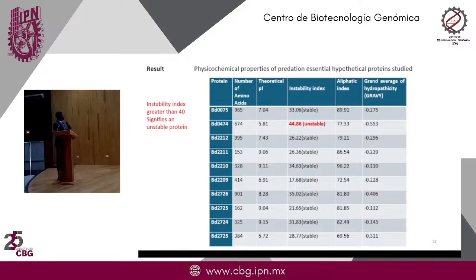So we also calculated physicochemical properties for all the proteins that we studied. The interesting thing here is that we found that 474 is an unstable protein. A stability index that is greater than 40 signifies an unstable protein, and the instability index of 474 was calculated at 44.86, which shows that it's an unstable protein.